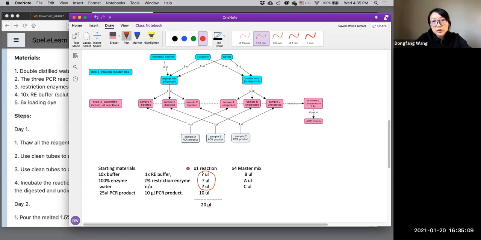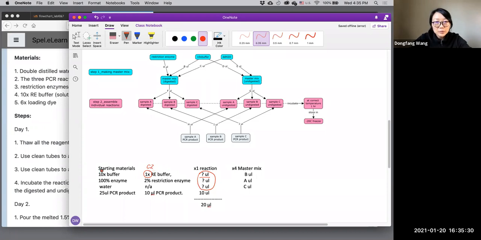Again, we're going to calculate the volume of each ingredient one at a time. To calculate this question mark, for example, we assign values first. This is C2, the concentration of the buffer in the diluted solution, or solution 2.